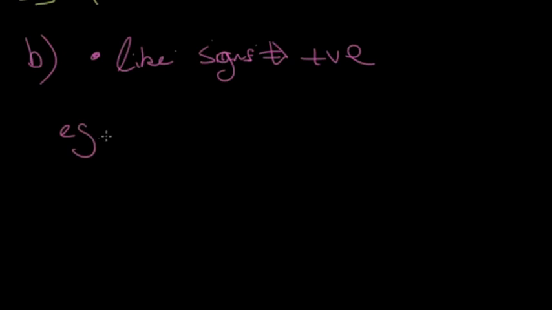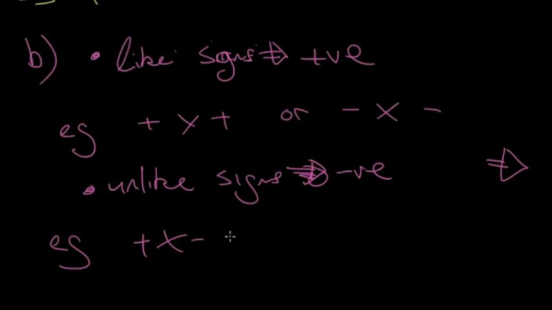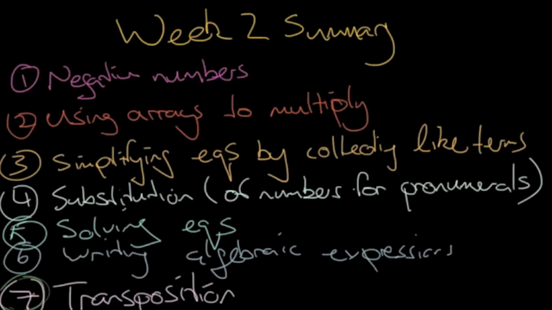So that would be plus times plus, or negative times a negative. And unlike signs give a negative. This arrow means give. So that would be, e.g., plus times negative, or negative times a plus. So that's point 1. That was negative numbers.